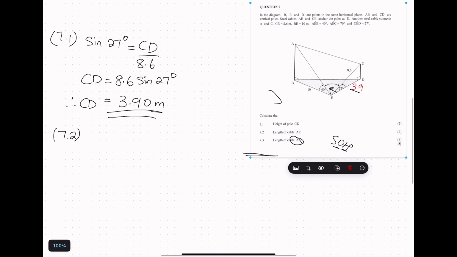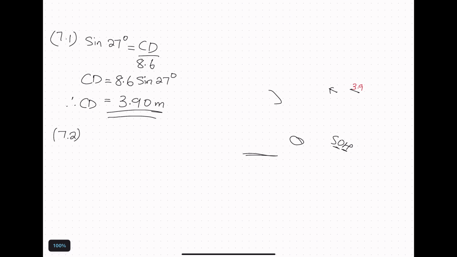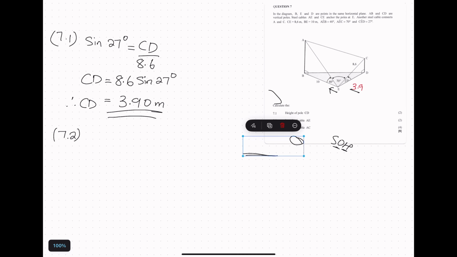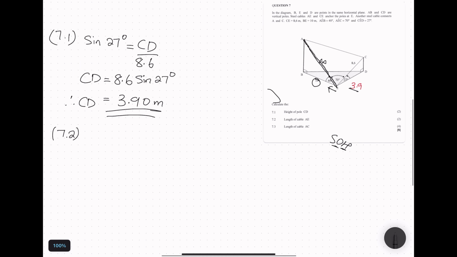To calculate 7.2, they want the length of cable AE, this length here. So we are given the adjacent, and the length we want is the hypotenuse.